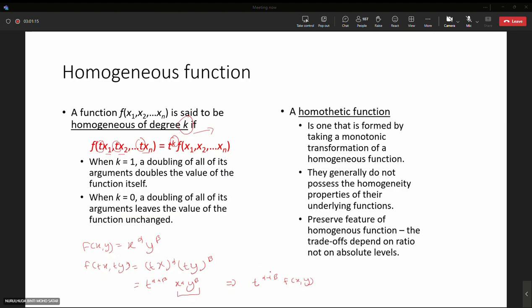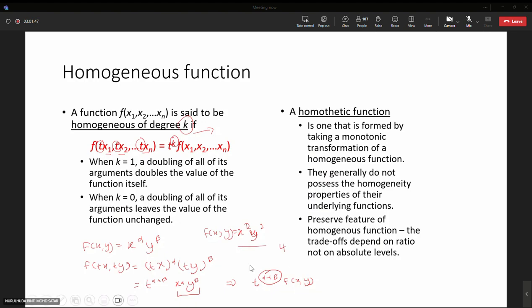And that means this Cobb-Douglas function is homogeneous of degree alpha plus beta, right? So if you have f(x1, y1) equals f(x2, y2), and that means this is homogeneous of degree 4.